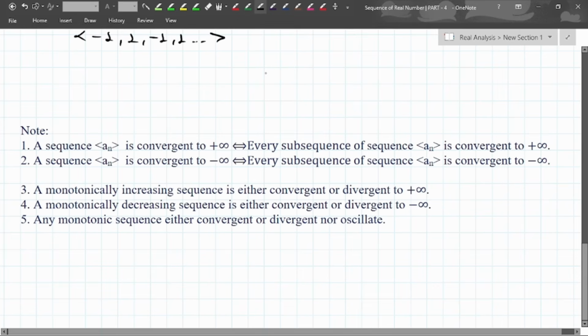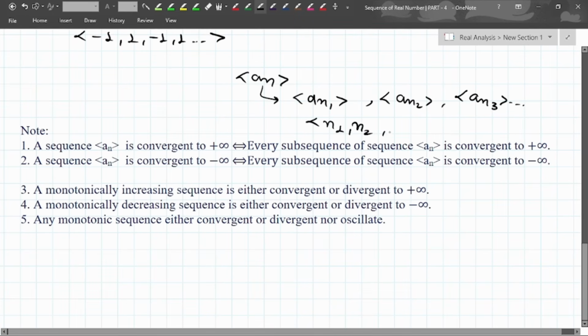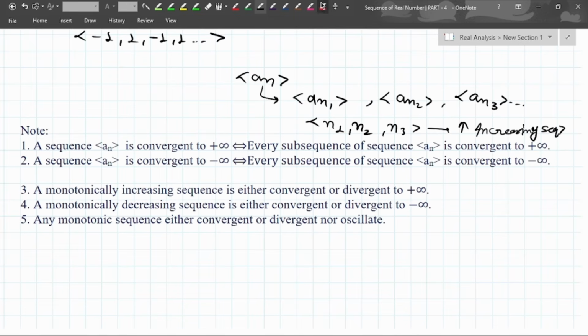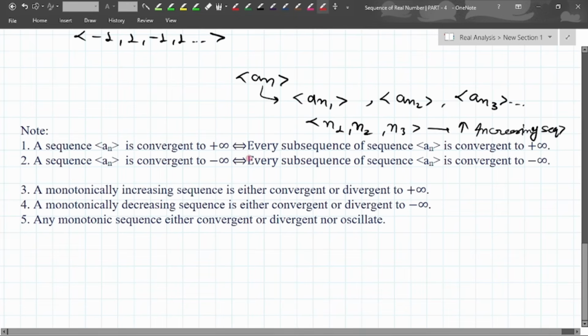If you have a sequence an and you take a n1, a n2, a n3, then n1, n2, n3 should be strictly increasing. Then we can say these are subsequences.